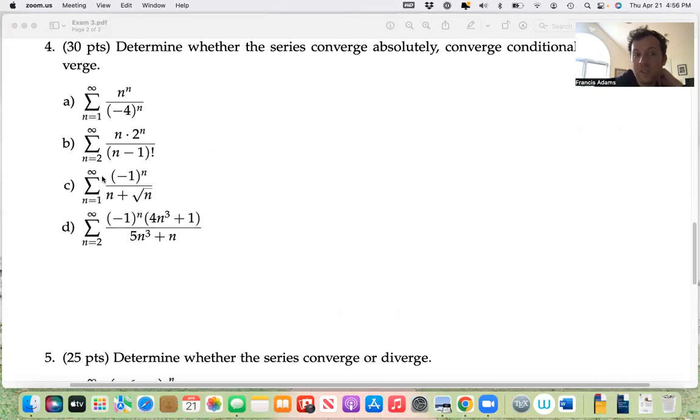Or one thing we didn't really do is C. This one will actually be conditional convergence. So are there preferences about which of those two sequences or two series you'd like to end with? Okay.